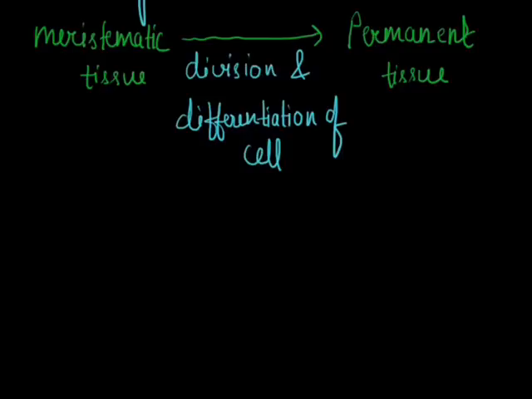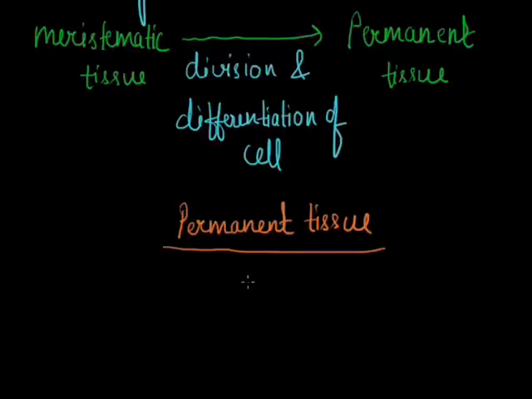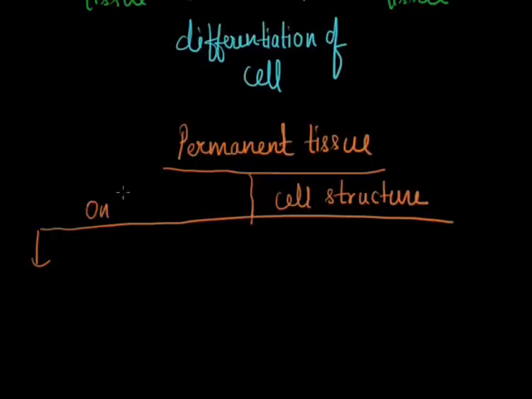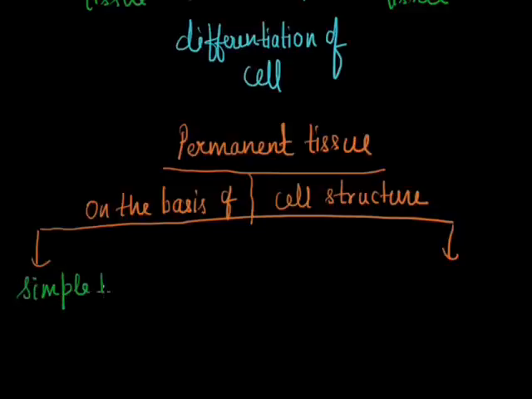This permanent tissue, on the basis of cell structure, is categorized into two forms. The first one is simple tissue and the second one is complex tissue.